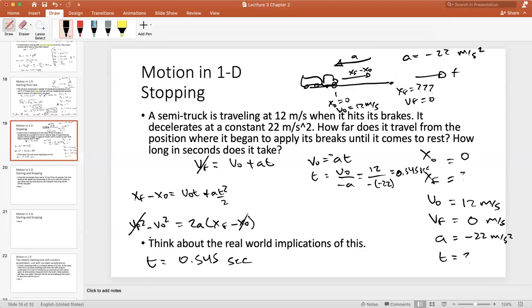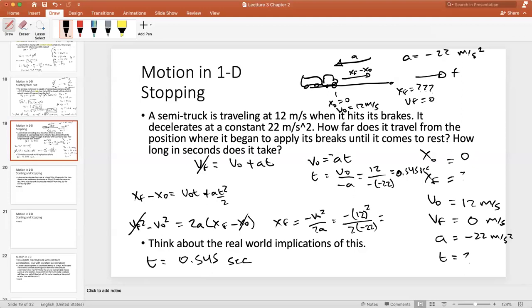I know that v final is 0. So x final, if I divide through by 2a, is negative v naught squared over 2a. But remember, a is negative, so this is negative v naught squared over a negative, which it better be. Sorry, I should really put numbers in. 12 squared over 2 times negative 22.